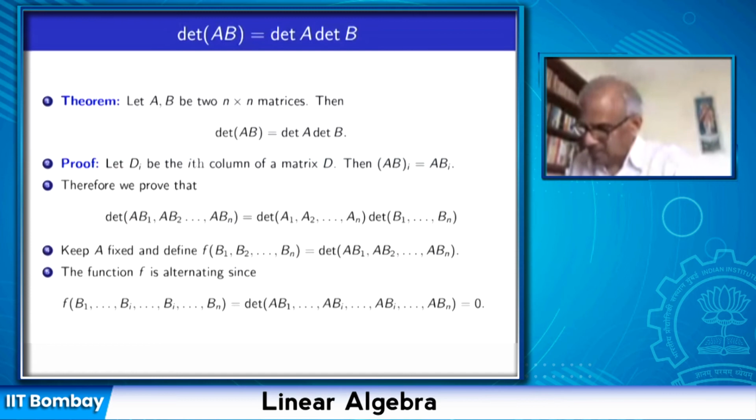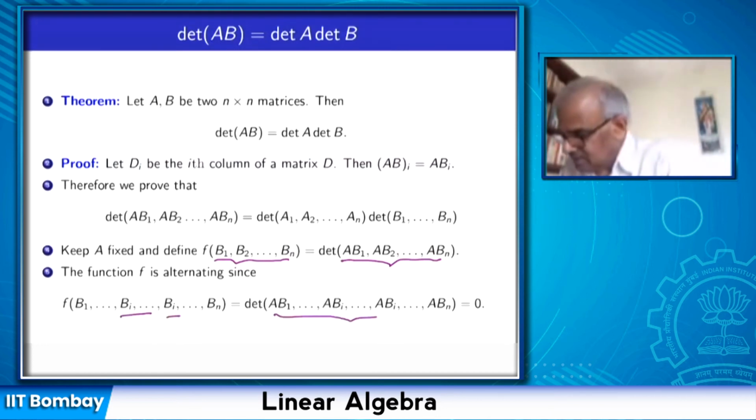The function is alternating. Why? Suppose two column vectors of B are equal, then two column vectors of this matrix AB are also equal. If Bi equals Bj, then this has two equal column vectors, and therefore this is 0. So F is alternating because determinant is alternating.